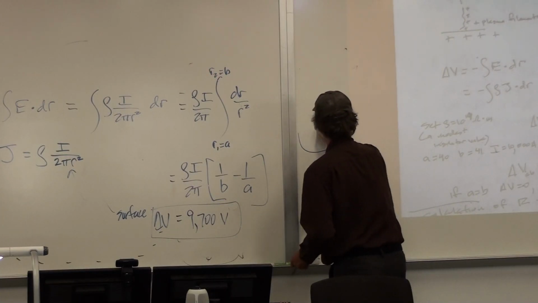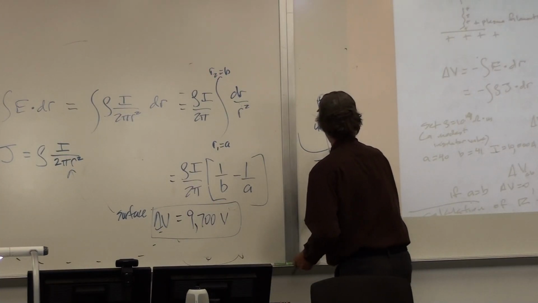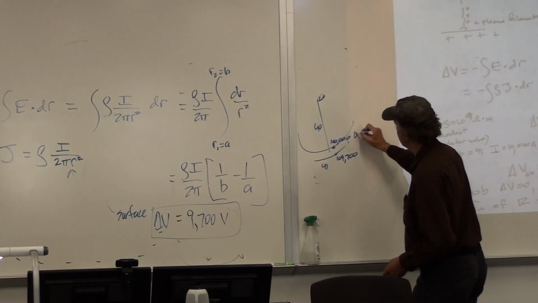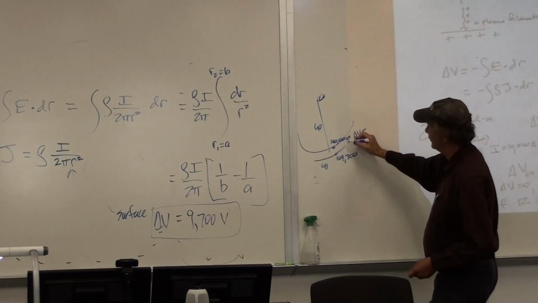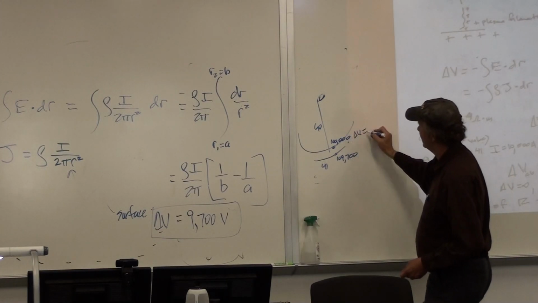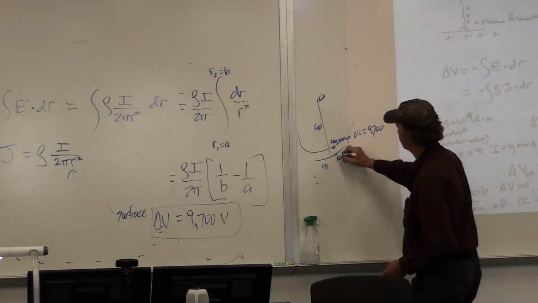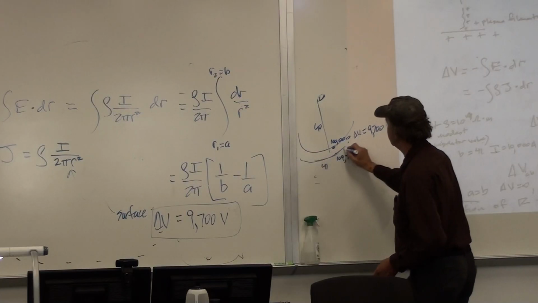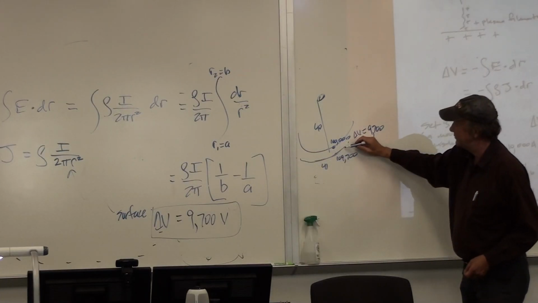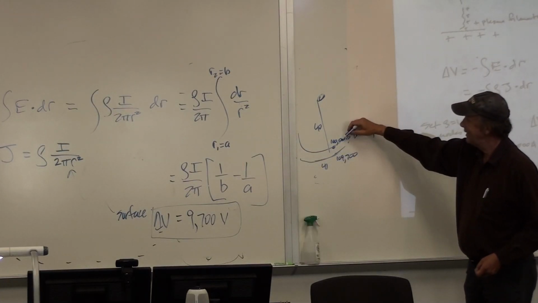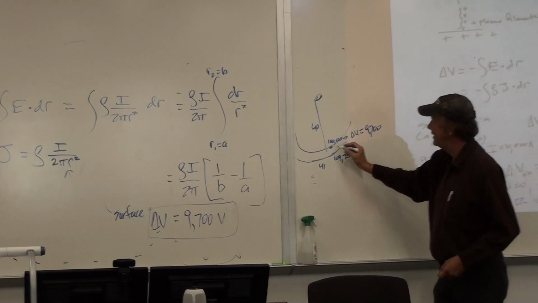This is between 40 and 41. So the delta V here, I don't know exactly what the voltage is, but we know the difference is 9,700 here. So these are equipotential lines. This would be an equipotential line for 109,700. This would be an equipotential line for 100,000.